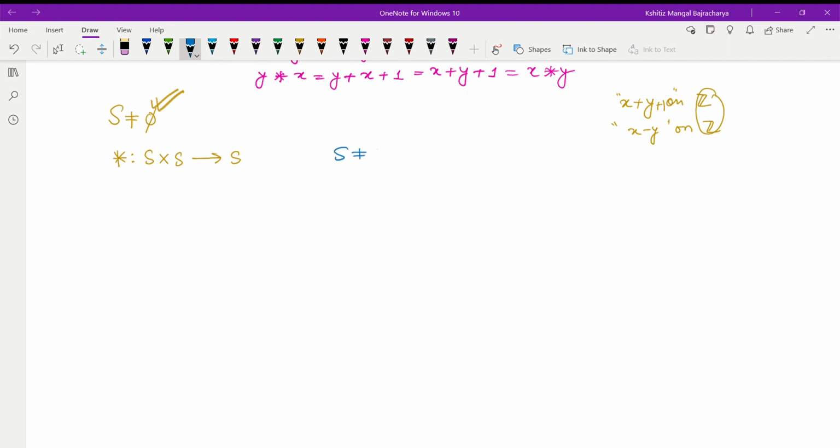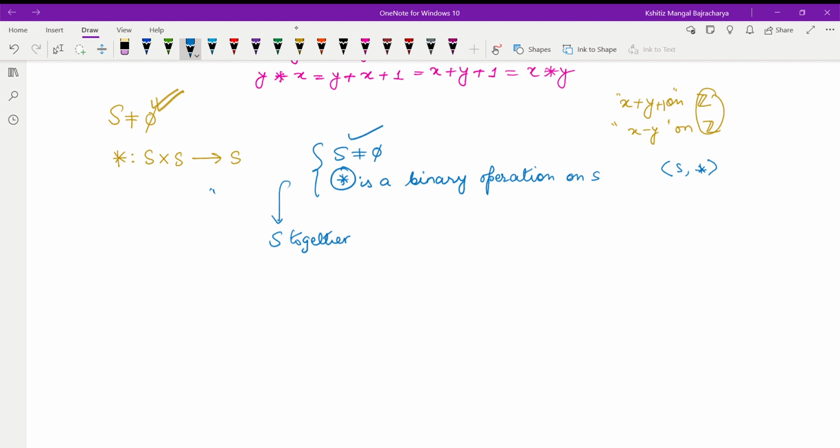If we have a non-empty set S and star is a binary operation on S, then the set S together with the star, written as the ordered pair (S, star), is said to form an algebraic structure with one binary operation.